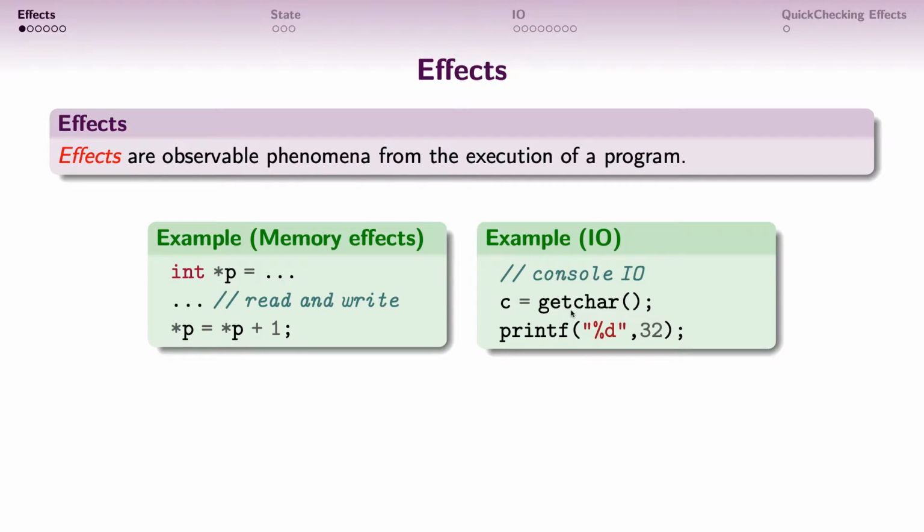A more obvious example of an observable phenomenon would be something like I/O, because we can clearly observe that input and output is being sent in or out from the computer. So that's even human observable.